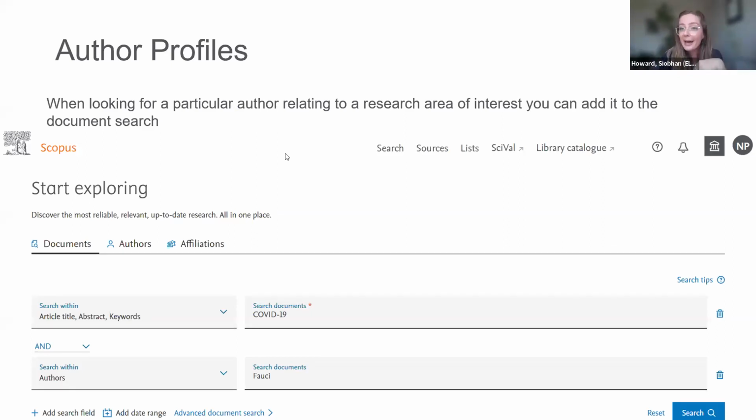I can then add another search parameter to that original search for just COVID-19 documents by specifically trying to find an author who is publishing within that topic domain. You'll see here by the addition of a Boolean term AND, in this instance, I'm able to also search an author with a specific name, Fauci in this example. So that's your first way that you can start pulling through authors within their author profiles on Scopus.